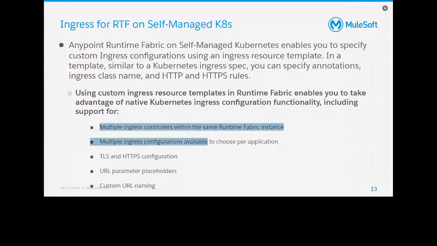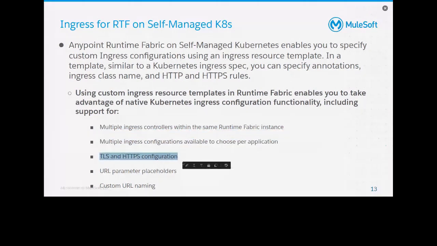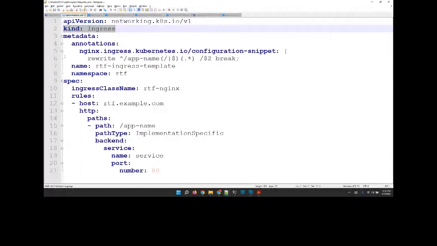We'll just use one each for these two, and then I'll show you in the demo the TLS and HTTPS configurations and also the URL parameters placeholder. So let's go back, and this is where we are doing a URL rewrite here.